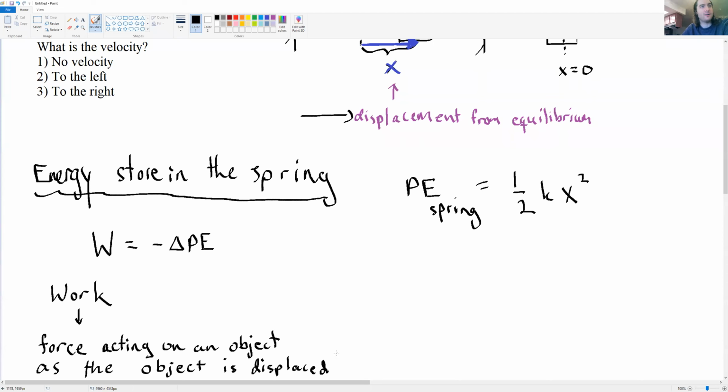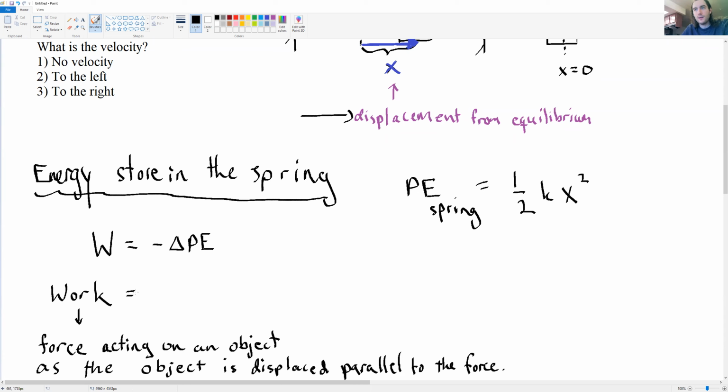Parallel or anti-parallel, in the opposite direction. Hopefully we remember that work can be positive or negative. Force acting on an object as the object is displaced parallel to the force. Just a little refresher there on work.